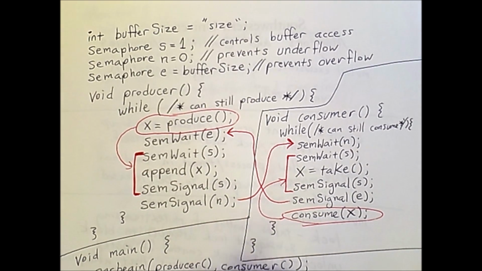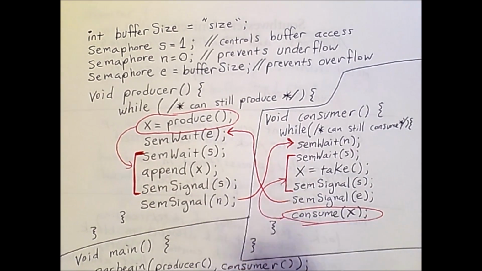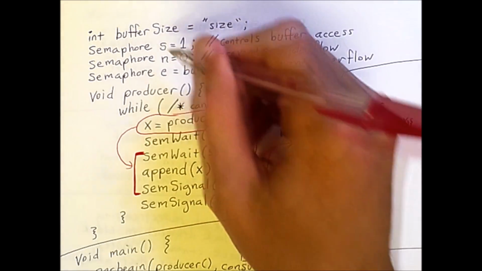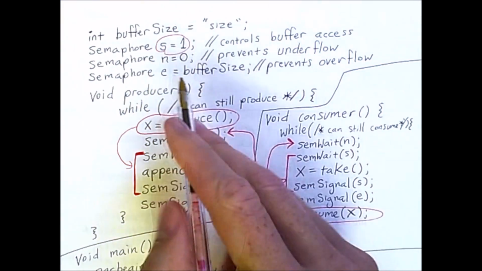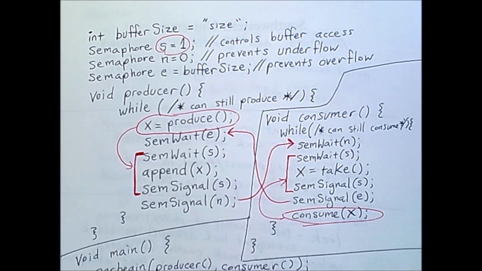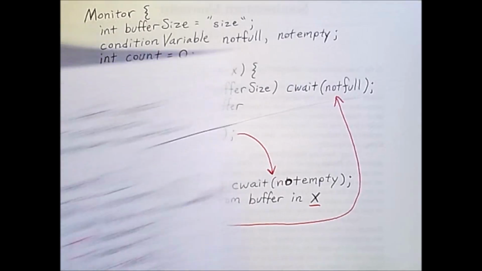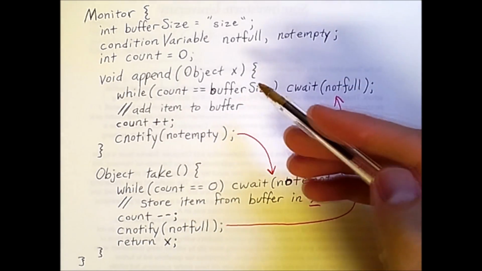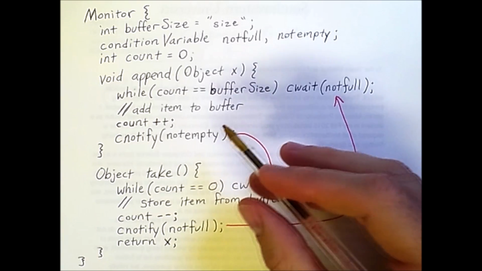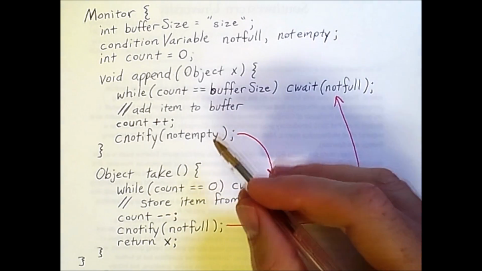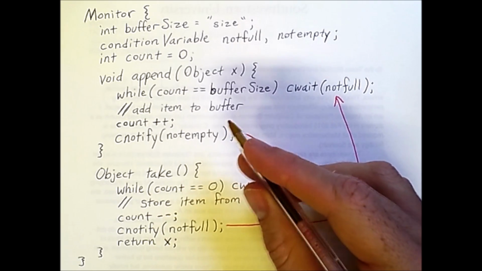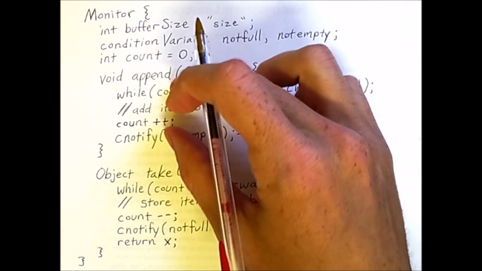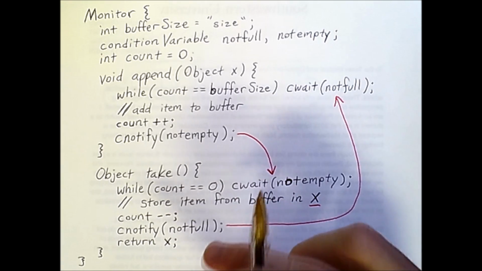And as I mentioned briefly before, the reason that the monitor does not have any sort of construct or condition variable corresponding to this semaphore S is that all the semaphore S is doing is providing mutual exclusion. So that doesn't have to be explicitly represented in the monitor because it's simply a given that by virtue of being in a monitor, access to the append and take methods is mutually exclusive.